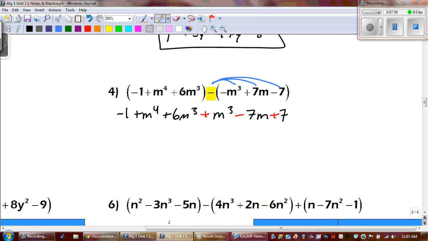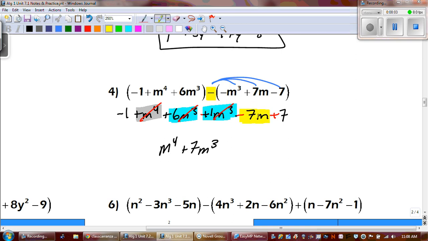All right, now let's put it in standard form. Combine our like terms. There's only one m to the 4th. Now we're looking at our cubes. 6 plus, well, that's a 1. 7m cubed.